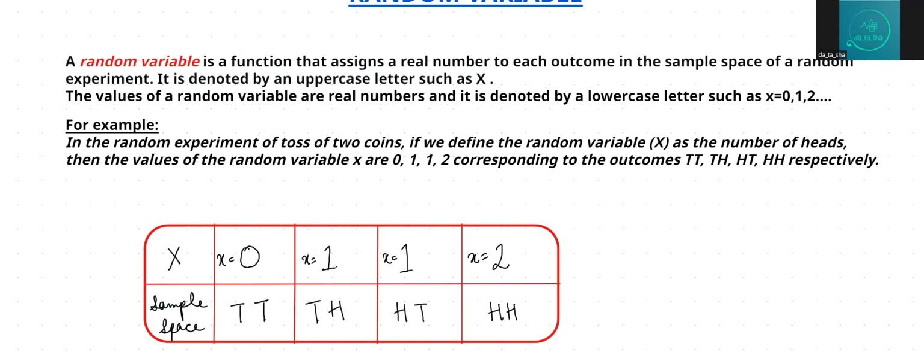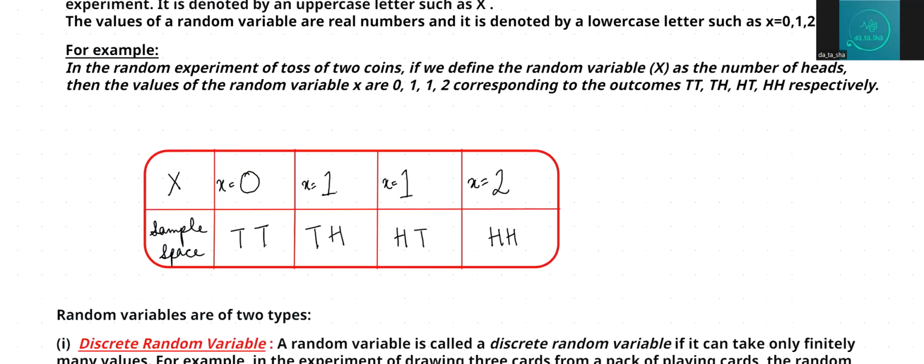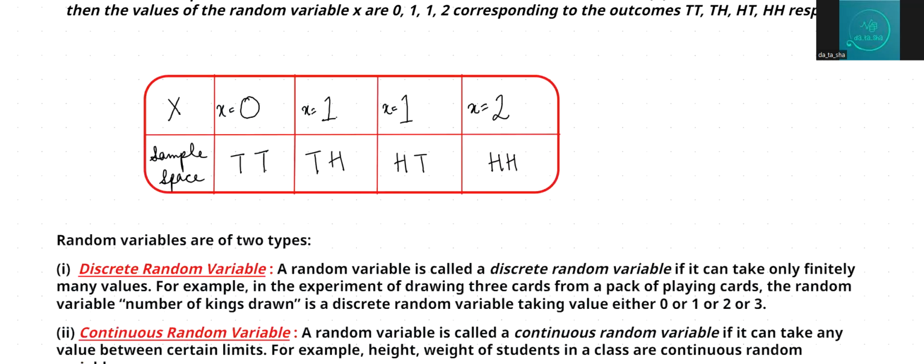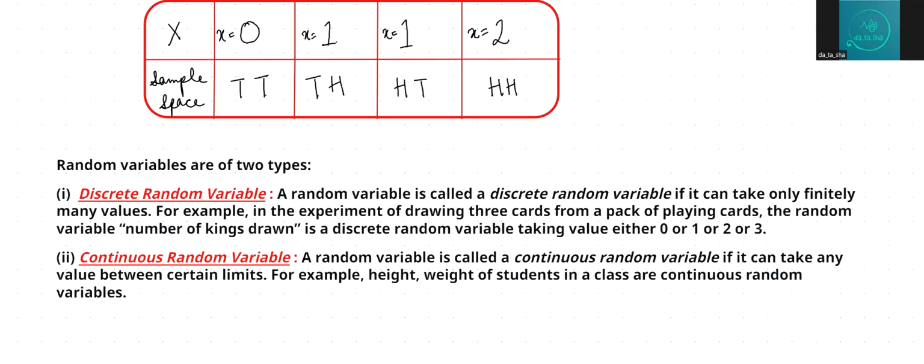So moving ahead, let me tell you the various types of random variables. First is the discrete random variable. A discrete random variable means a random variable which can take only finitely many values.